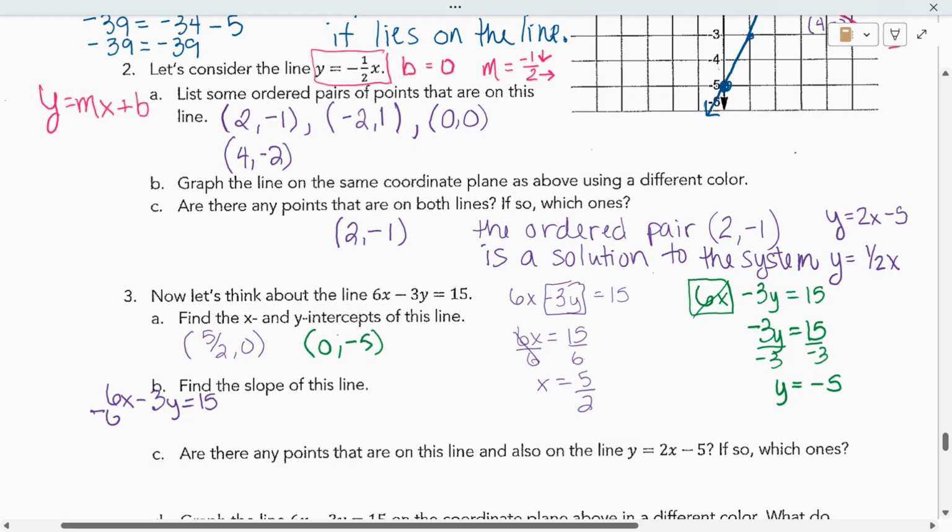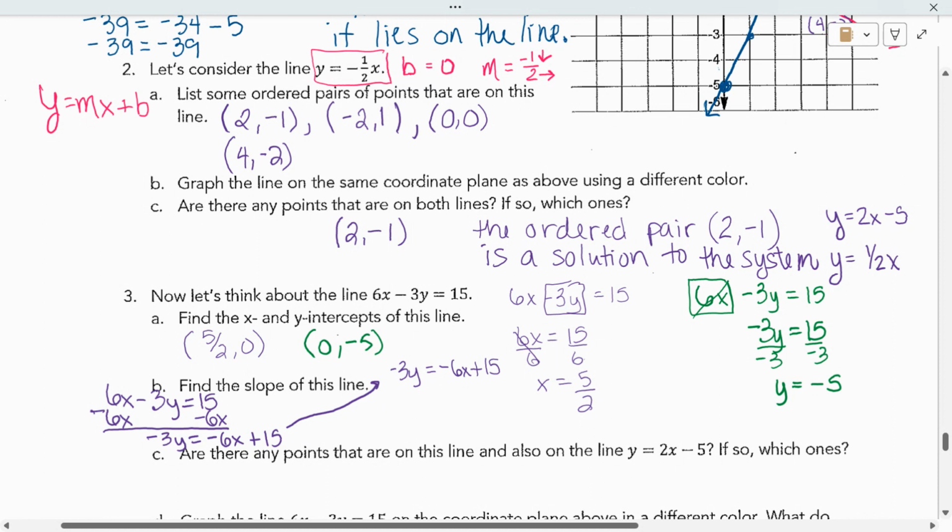So the first thing I need to do is subtract 6x. That gives me negative 3y equals negative 6x plus 15.